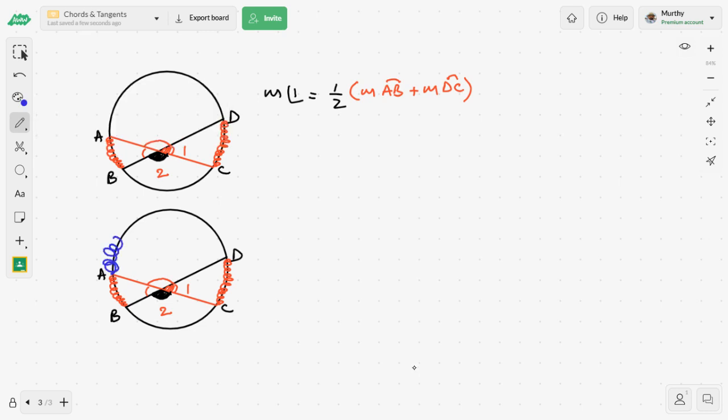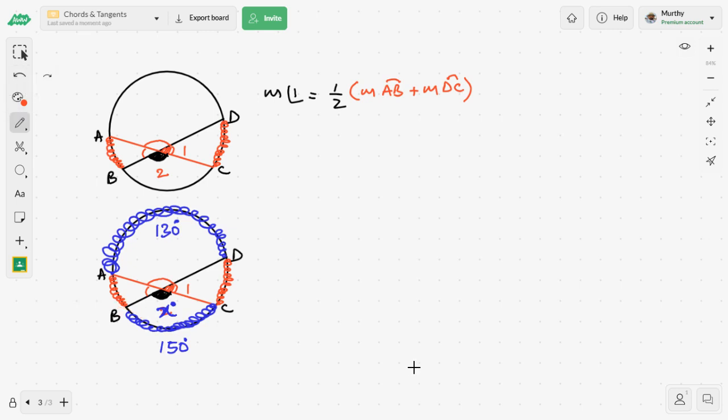Say that this arc is given as 130 degrees and this arc is given as some 150 degrees. Again, they need not be the same values. Please notice that one is 130 and one is 150 degrees. And say that you are asked to find what is the value of angle x.